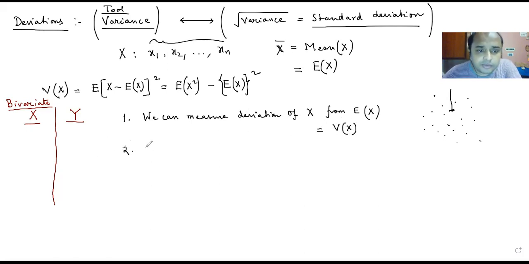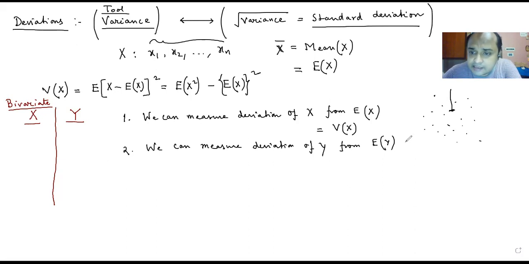What else can we do? We can measure the deviation of y from the mean, that is expectation of y, and you know that this is given by the measure called variance of y. We can do these two operations on the given system.